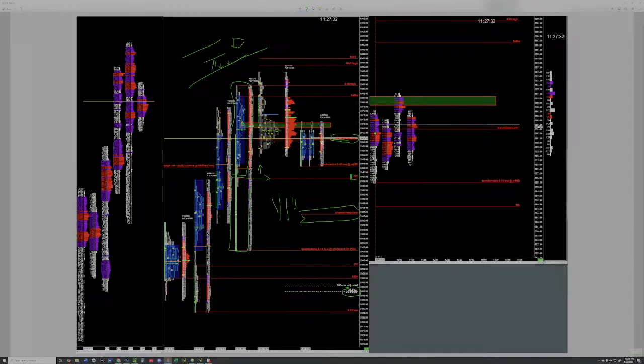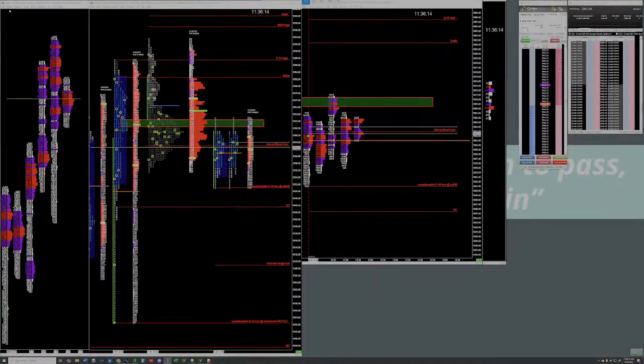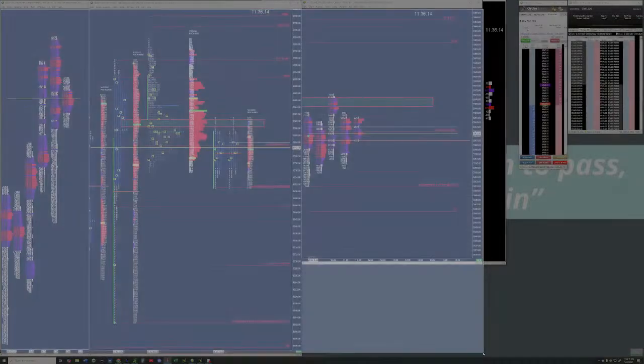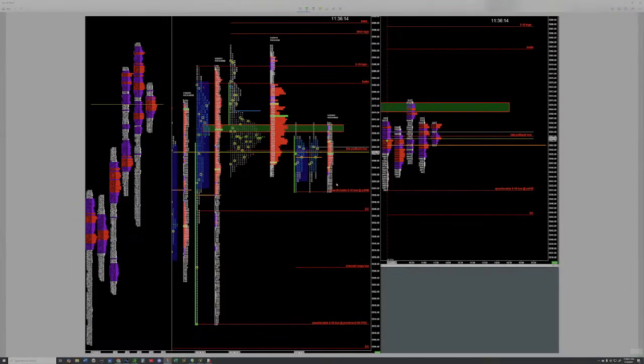If you happen to have a trade either to the upside or downside, any kind of profits have to be locked in, not giving the market too much of a chance here. Now let's go back to where I was, to pretty much close this day.